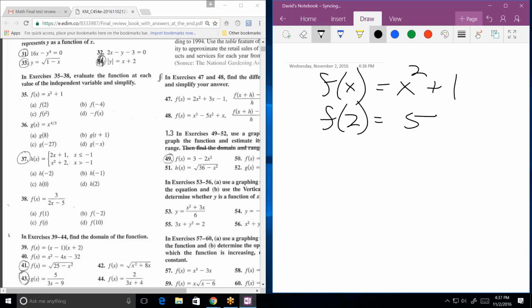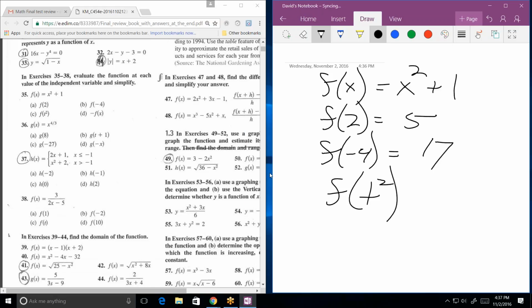What is f of minus 4 equal to? 17. What is f of t squared equal to? T to the 4th plus 1. Good. And what is negative f of x equal to?